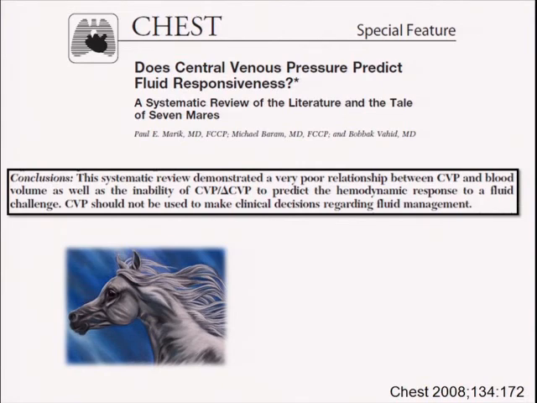That was 2008, and I think the data now is even stronger. I think there is absolutely no place for CVP monitoring in critically ill patients. The only exception may be patients with acute right ventricular failure. So in terms of fluid management, there is no place for CVP monitoring.